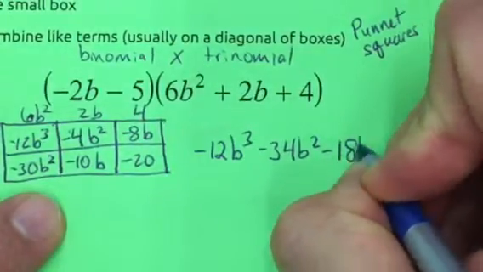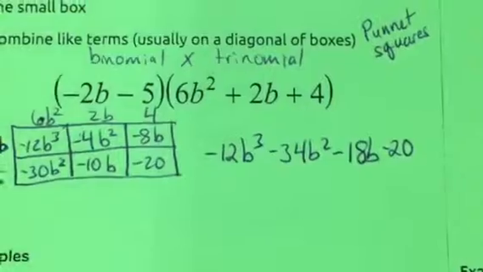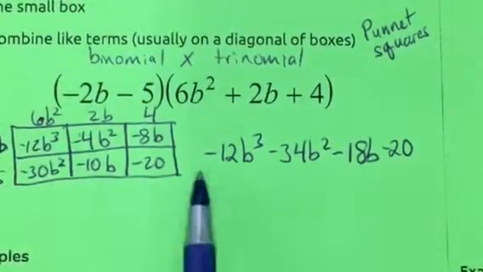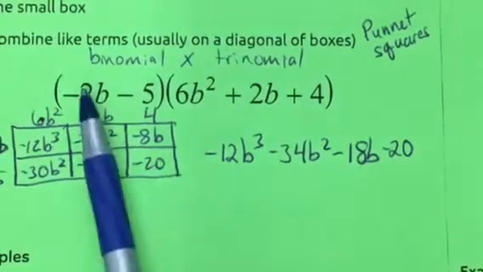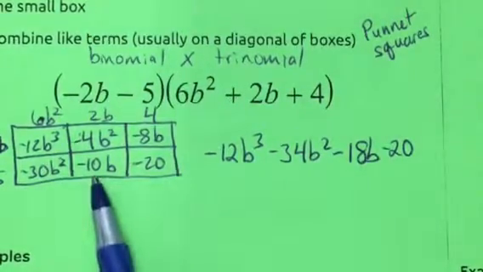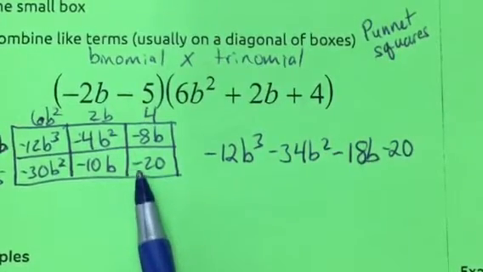Minus 18b and negative 20. So we combine our diagonals. It does not always work out this nice, but usually in I1, I2, it will.